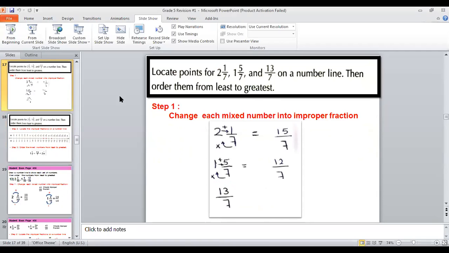Yes. How? Now you divide 13 by 7. The answer becomes the whole part, the remainder becomes the numerator, and 7 becomes the denominator. It's okay. Yes. You are most welcome.